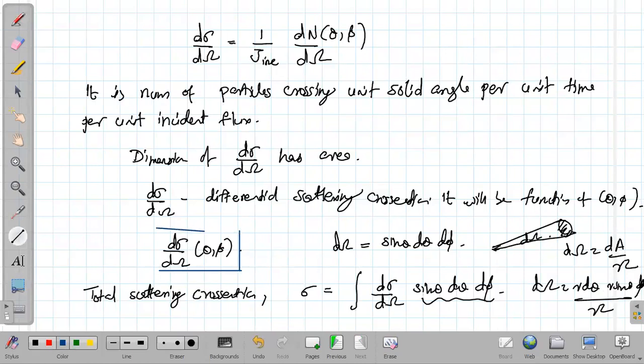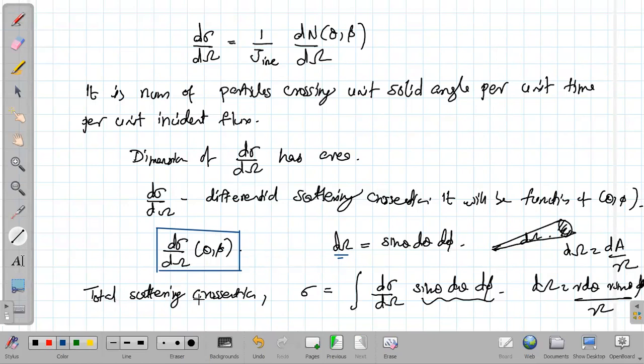Now we can find the total scattering cross section. For the total scattering cross section, we have to integrate dσ/dΩ over all infinitesimal solid angles. In the spherical coordinate system, we can represent dΩ as sin θ dθ dφ.